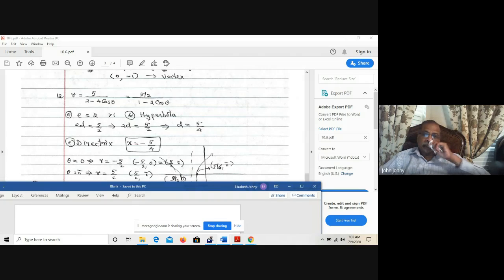If it is sine theta, you have to set plus or minus pi over 2. So theta is equal to 0 means r is equal to 5 divided by 2 minus 4 times cos 0. Cos 0 is 1. So 5 divided by 2 minus 4, which is negative 5 over 2.